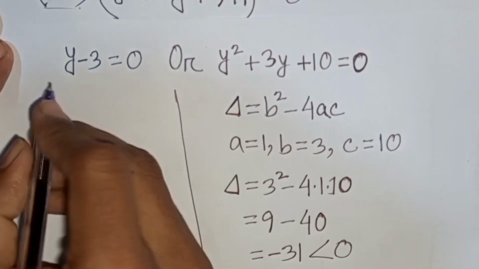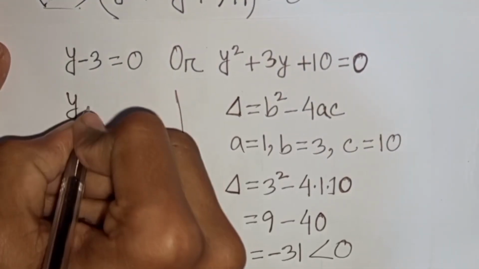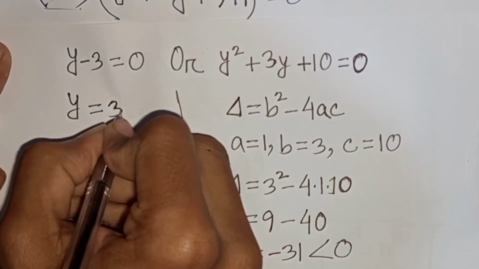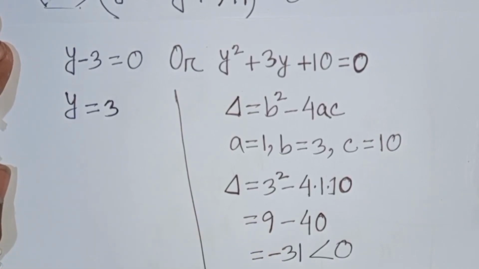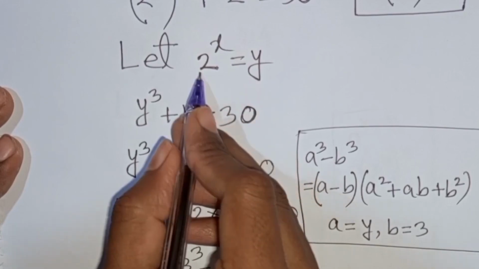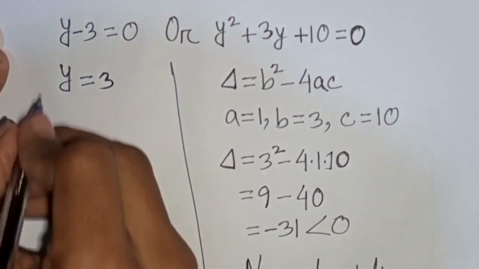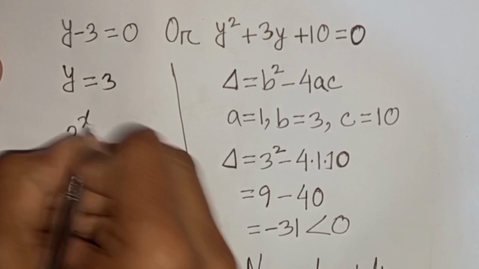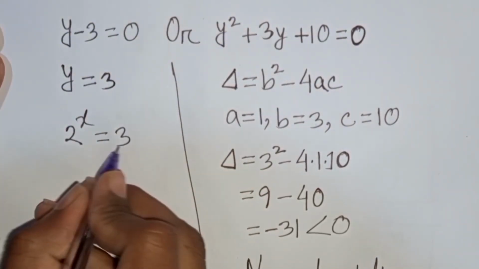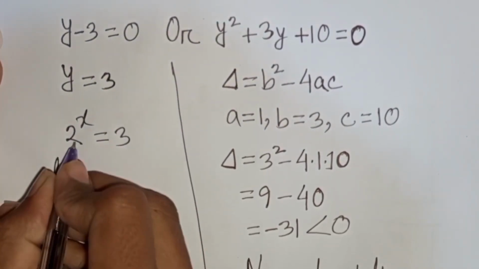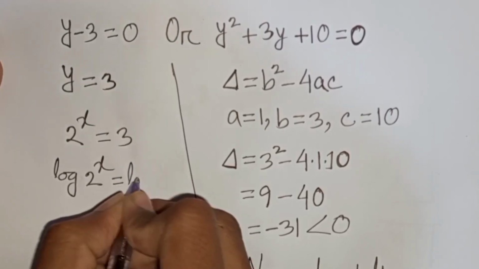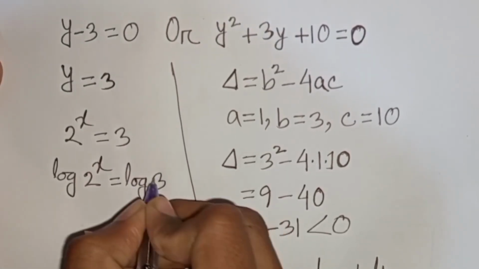Now from here y is equal to this minus 3 taken to the right side, so this will be plus 3. Now we see y is equal to 3, but remember that we let 2 power x be substituted by y. So y, that means 2 power x, is equal to 3. Now we take log on both sides. You can write log of 2 power x is equal to log of 3.